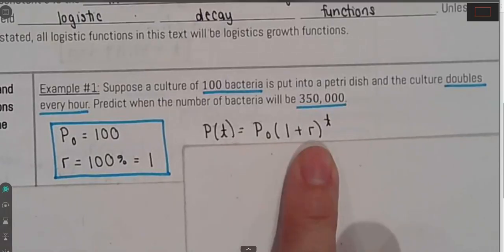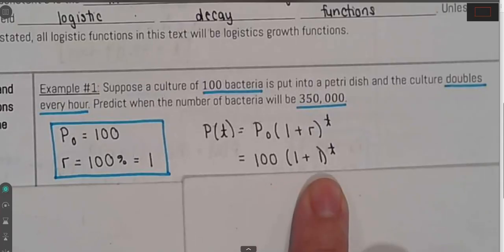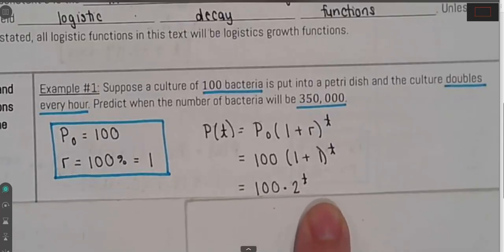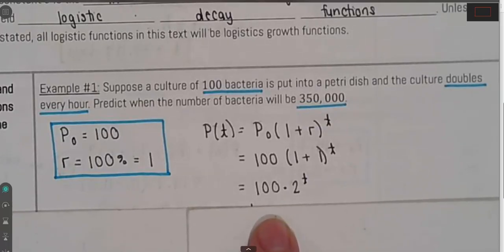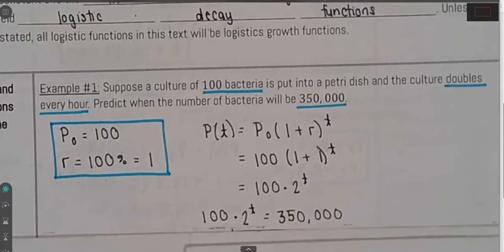So here's the equation we're using. I'm going to plug everything in. So the equation we have is 100 times 2^t. And we want to know what t is at what time. This is going to equal 350,000.